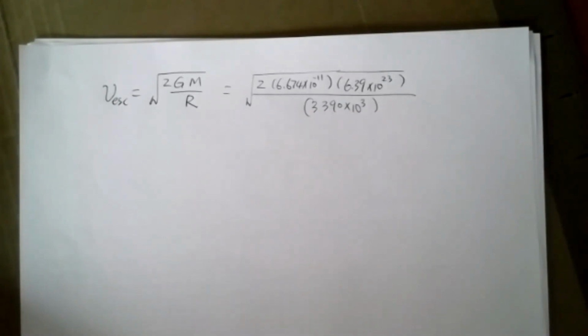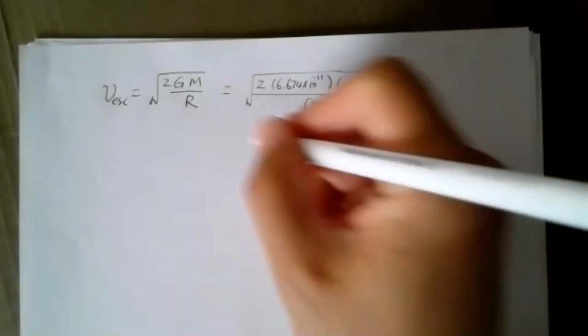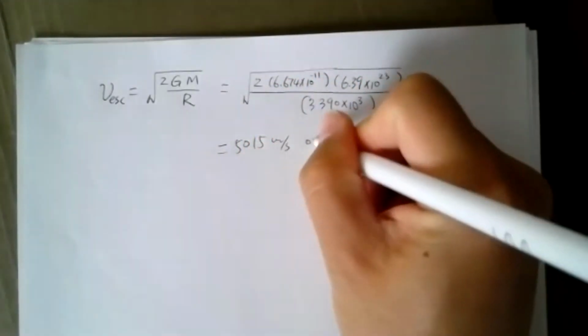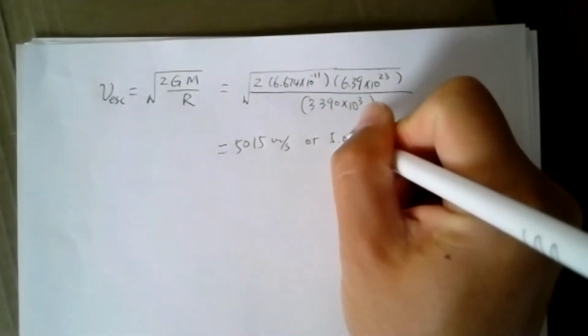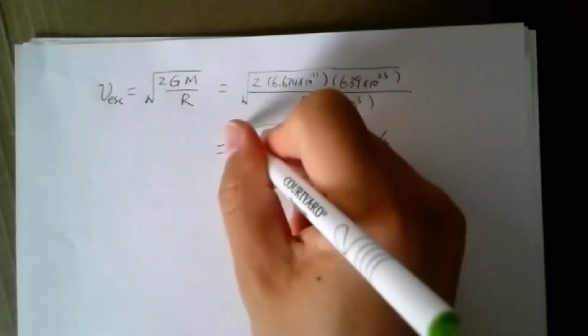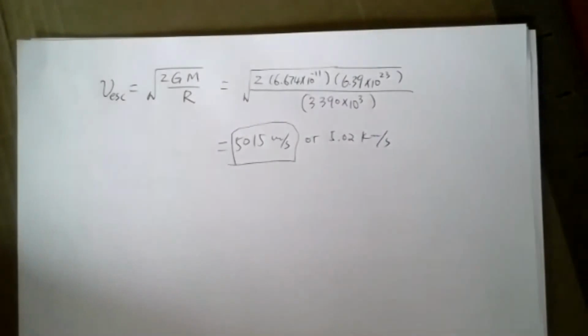If you put everything there, it should give you roughly 5015 meters per second, or you can say about 5.02 kilometers per second. Either way, that'll be fine. So roughly 5 kilometers per second.